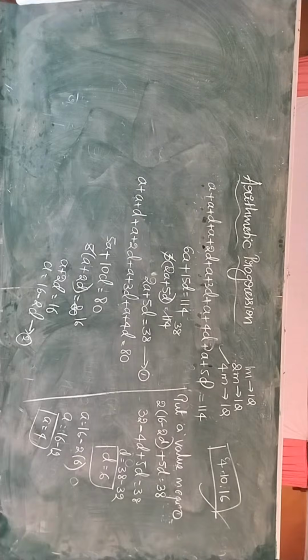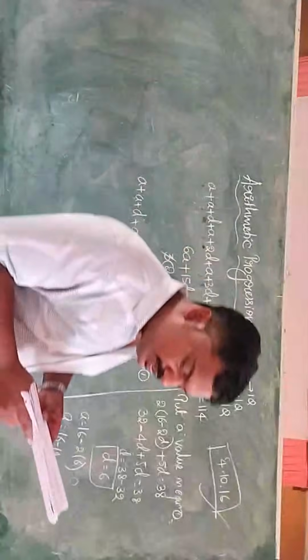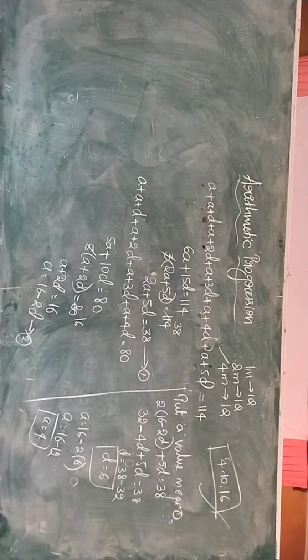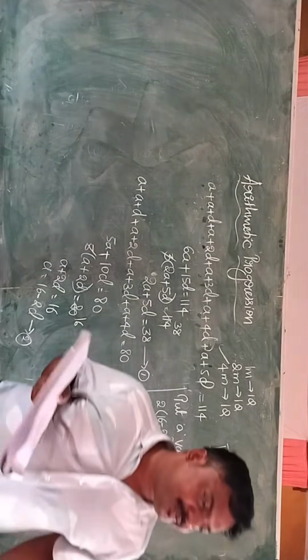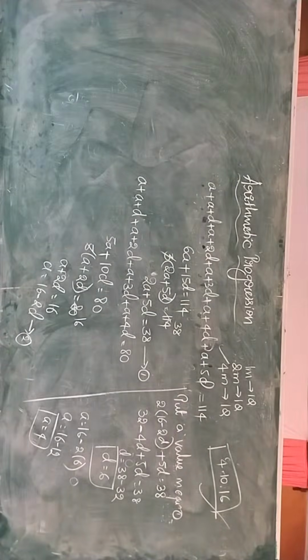Stop, continue. If the 12th term is 2 more than thrice the fourth term, then find the AP.